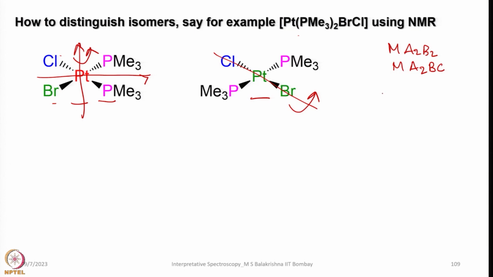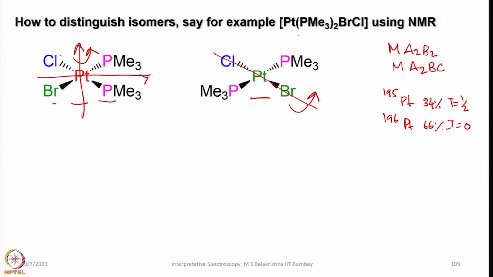And then we know that platinum has two isotopes, 195 platinum, which is roughly 34% NMR active with I equals half, and 196 platinum, which is 66% NMR inactive with I equals 0. That means if I take 100 molecules of any of these isomers, 66 molecules do not show any interaction with platinum because of 196, which has I equals 0.